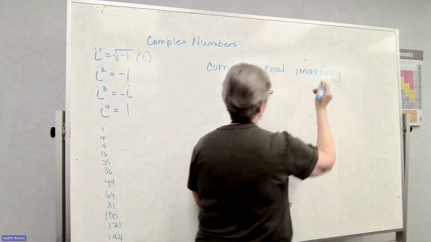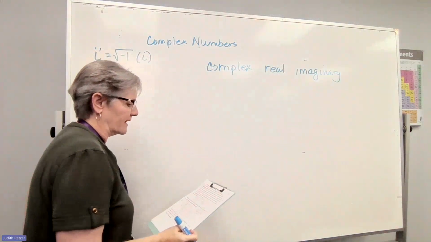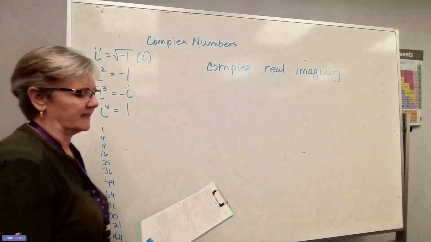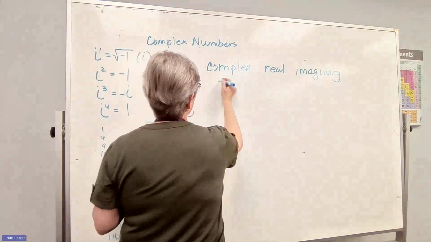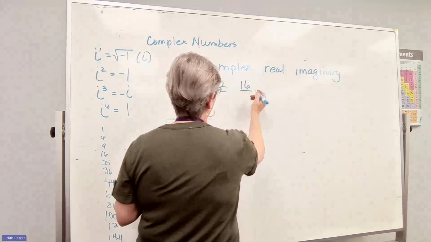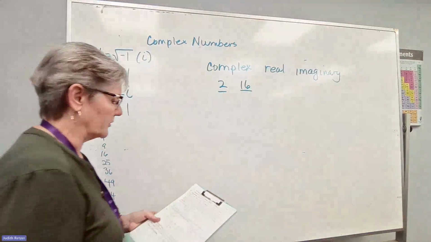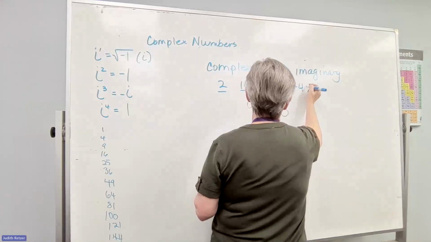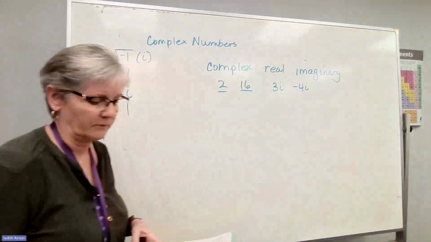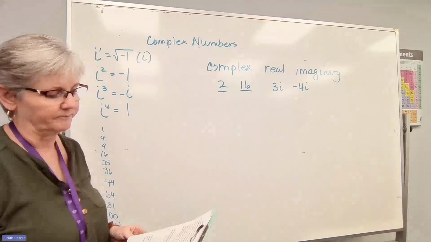That's what makes it complex. For example, 2 plus 3i or 16 minus 4i. The 2 and the 16 are the real components, and the 3i and the -4i are the imaginary components of each complex number.